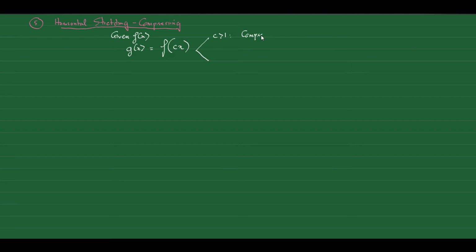So instead of stretching like last time, this is compressing horizontally by dividing the x coordinate by the c value. Okay, so this is compressing.